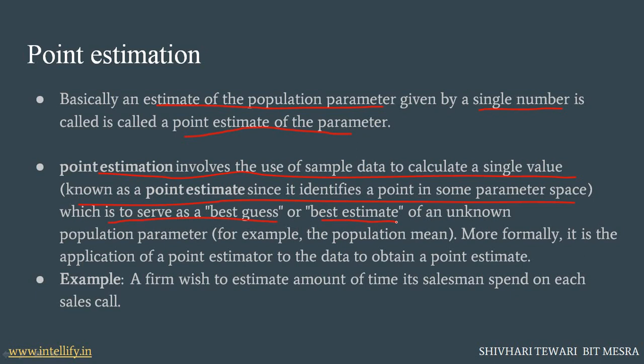Then we take the data of the remaining patients and calculate the estimate that the average stay of patients in the hospital is either 5 days or less than 5 days. So this is how point estimation works, and the point estimate is also known as the best guess. I hope you understand my point. Now, more formally, it is the application of a point estimator to the data to obtain a point estimate.